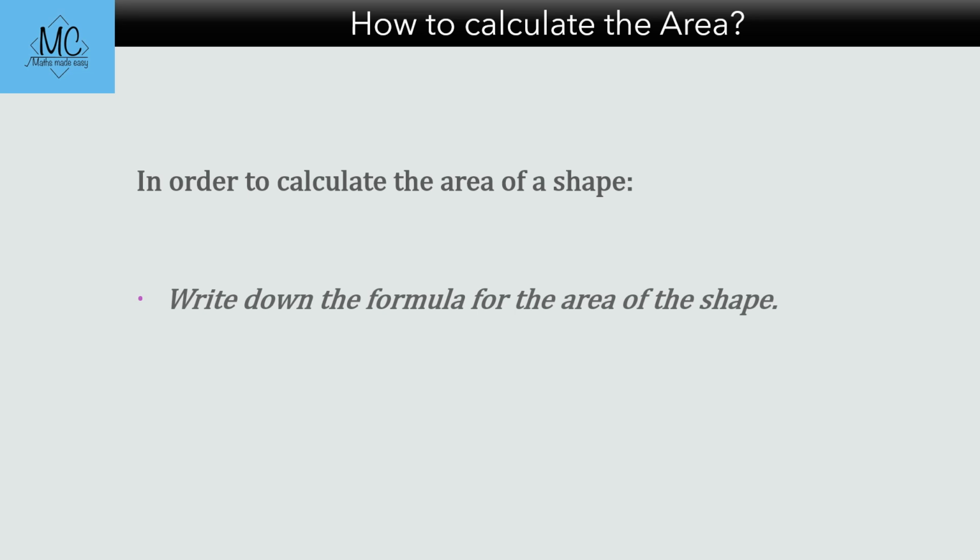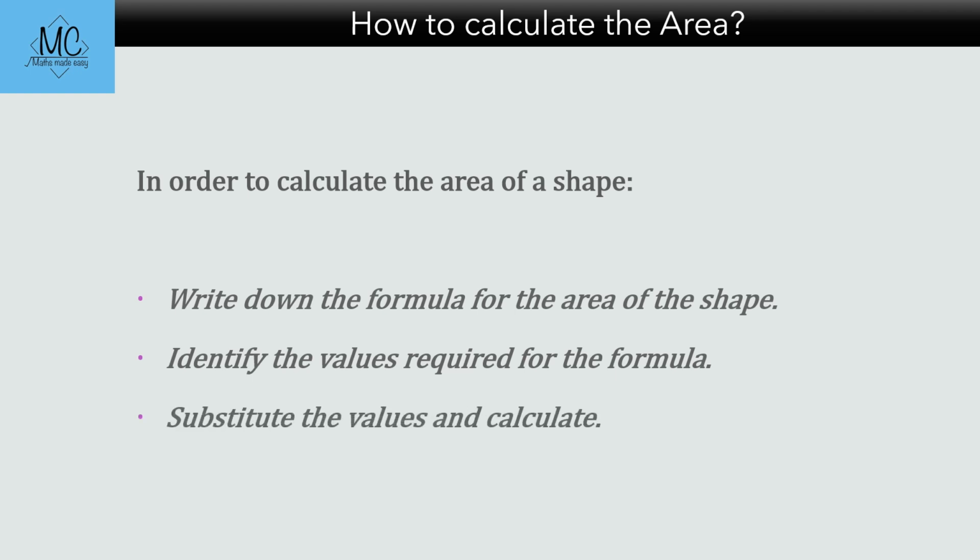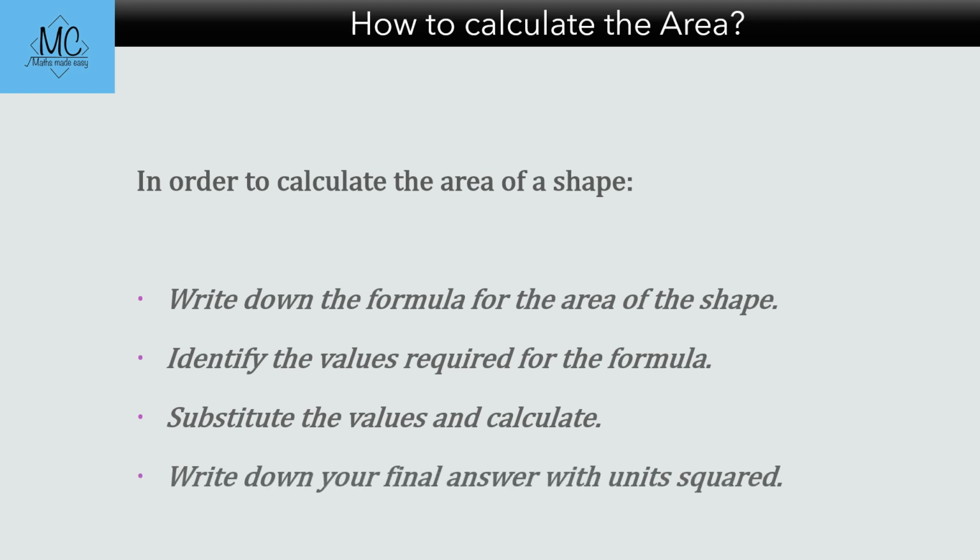Then identify the values required for the formula. Then substitute the values and calculate. And finally, write down your final answer with the units squared. Be careful, it should be units squared. You cannot just write centimeter after multiplying 2 centimeters together.